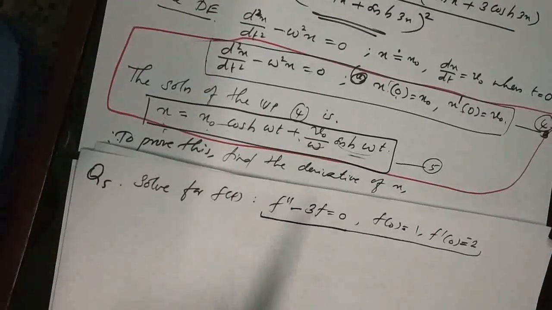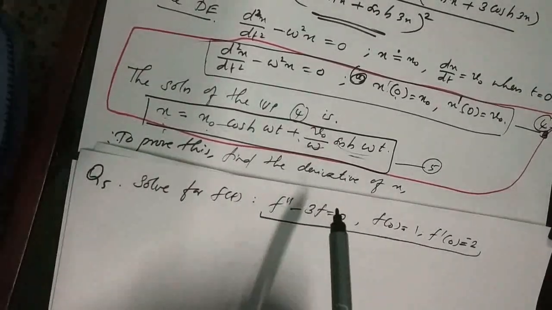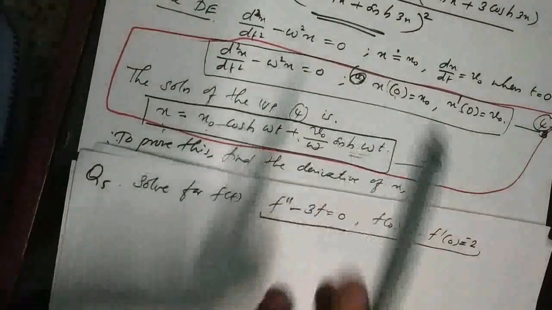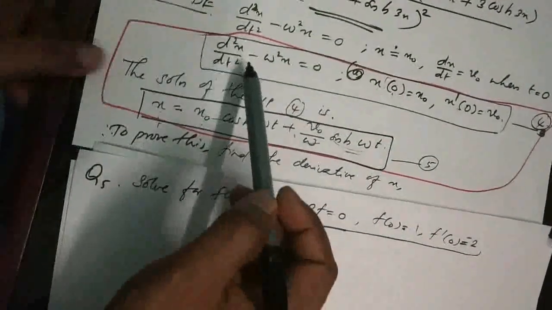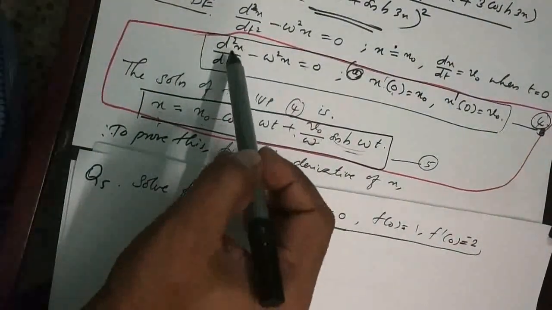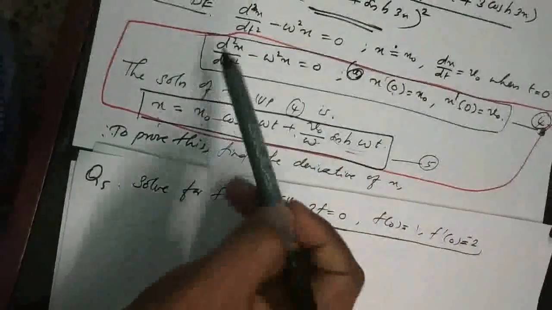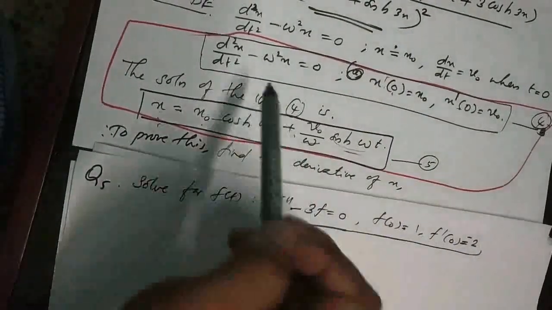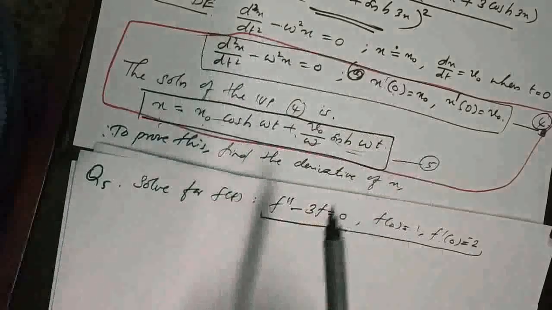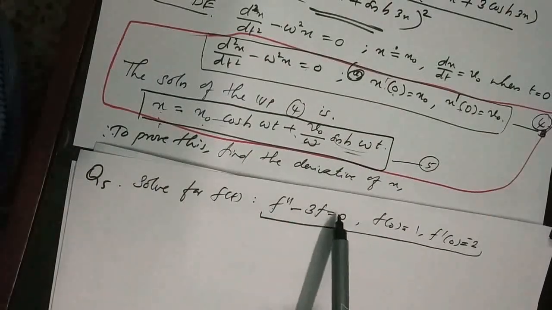Now to solve this, we already proved the solution of this IVP is this. So we can compare this differential equation with it. Here f'' − 3f = 0, there x'' − ω²x = 0.